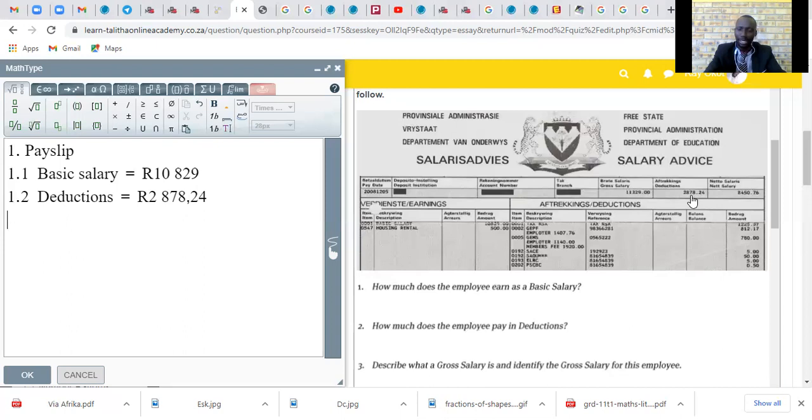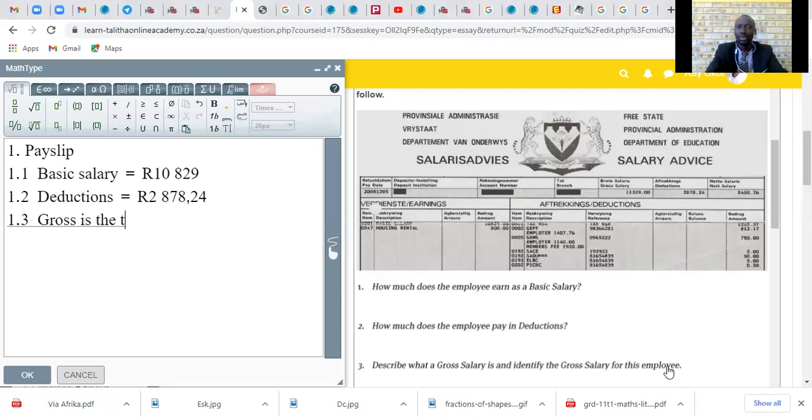Deduction is different. Now, in the next question, which is question 1.3, we are supposed to describe what gross salary is. And we identify gross salary for this employee. Well, what did we say gross salary is? Gross salary is the total amount of money without any deduction.